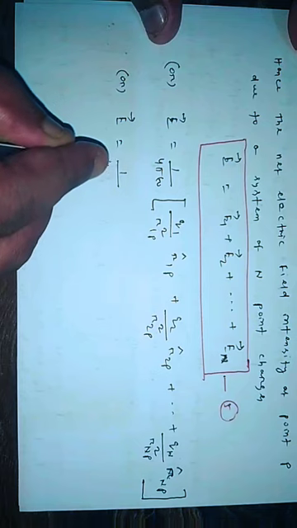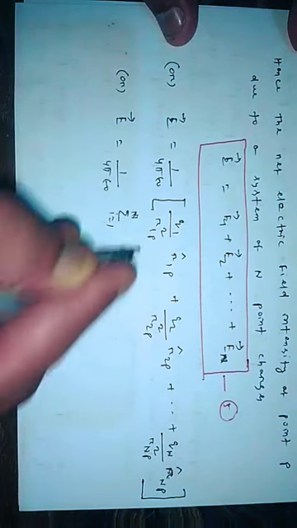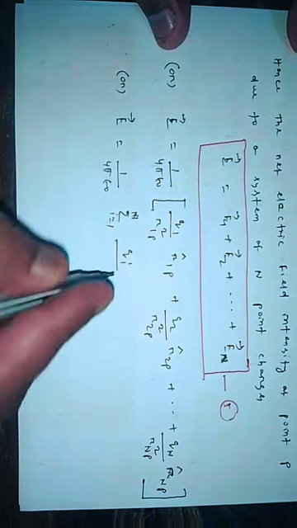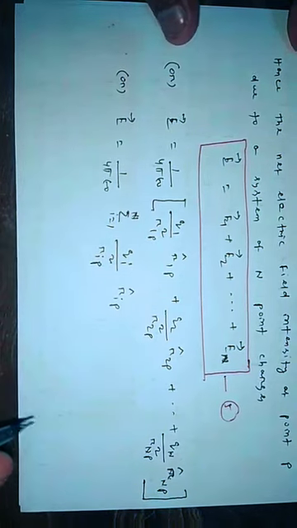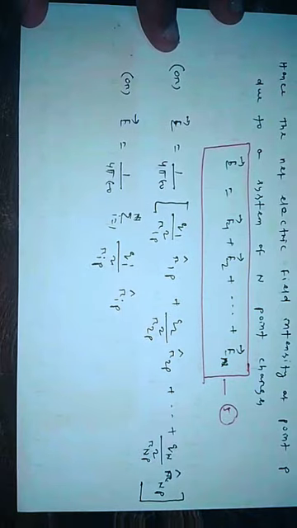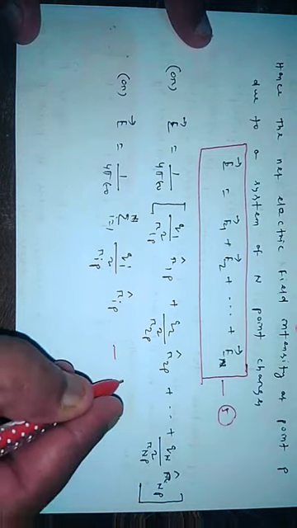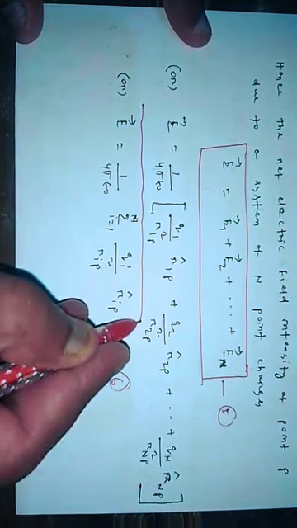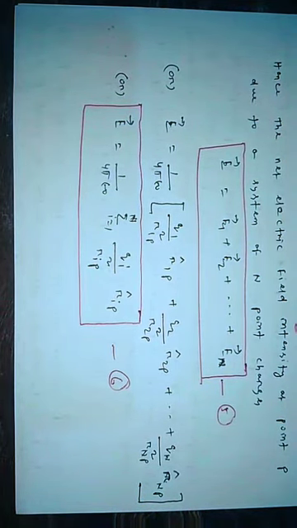Or E equal to 1 by 4 pi epsilon 0 into the sum over i equal to 1 to n of Qi by Ri square into unit vector. This is the expression for the electric field intensity due to a group of point charges.